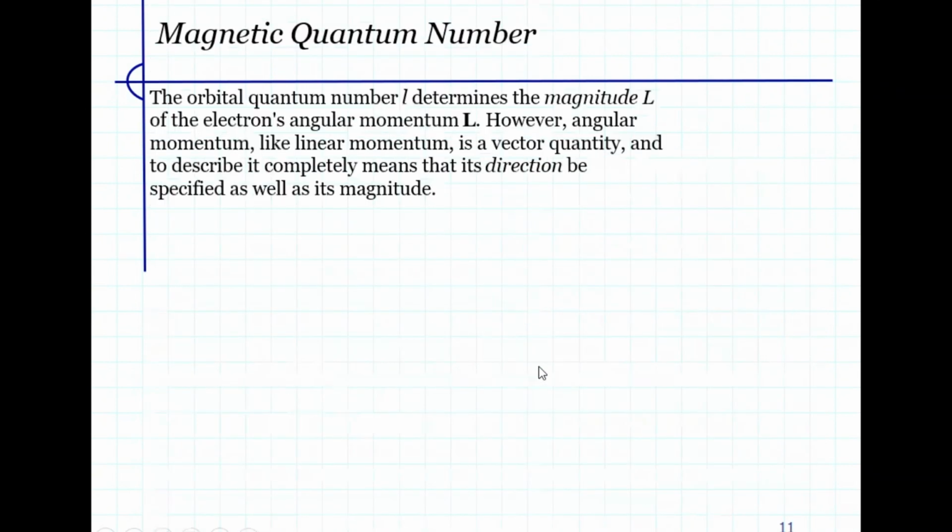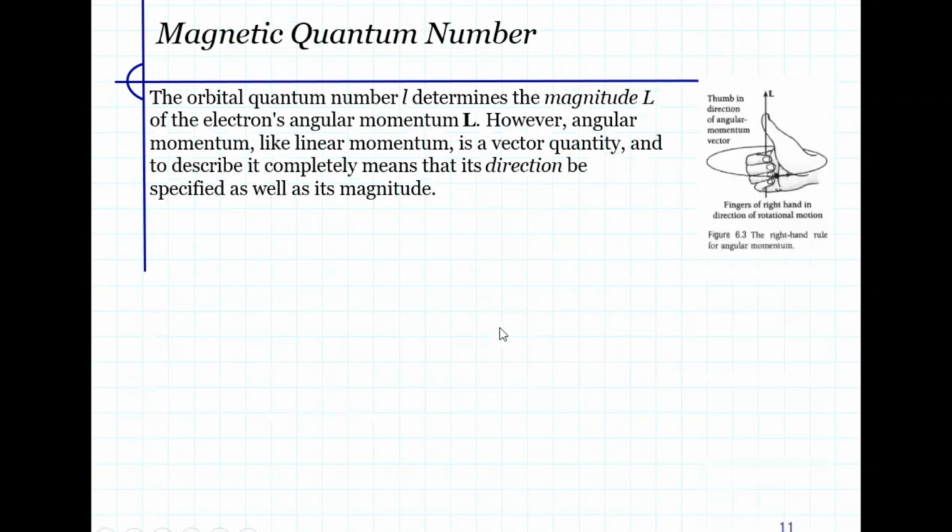The magnetic quantum number and its significance. We must make further clarity that the orbital quantum number small l determines the magnitude L. That is, the angular momentum's magnitude is determined. So we come to know that the electron's angular momentum is basically a vector quantity, just like linear momentum.